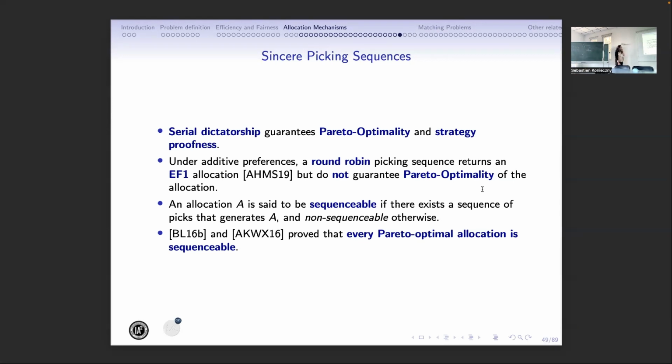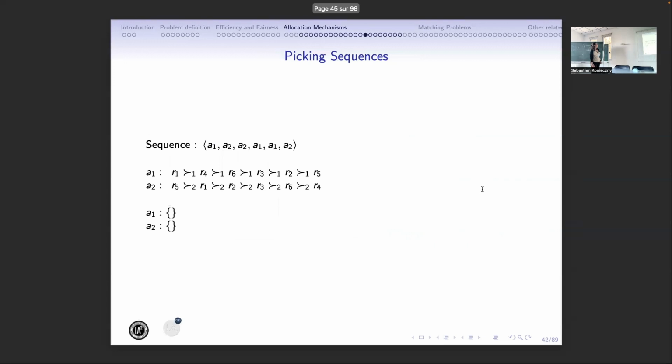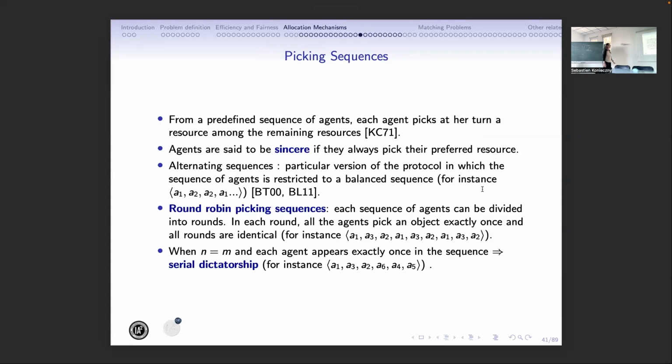And under additive preferences, in round-robin picking sequences, we can show that the returned allocation is envy-free up to 1 good, but it is not guaranteed to be Pareto optimal. So why is it envy-free up to 1 good? If we return to the definition, in round-robin picking sequences, we have a set of rounds, and in each round we pick in the same order.